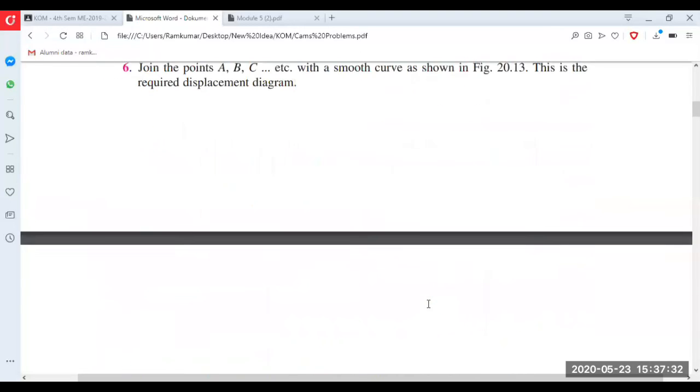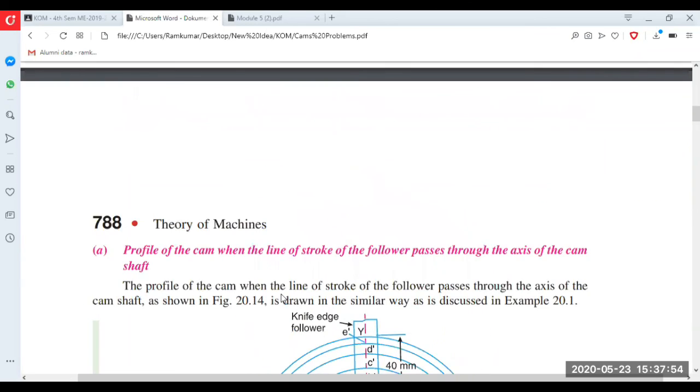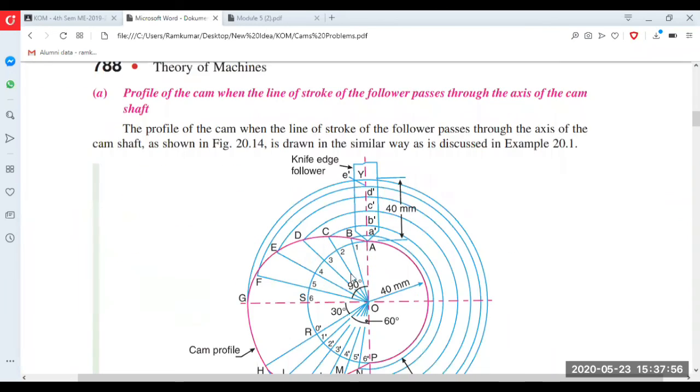Now, after drawing the base circle, for the rise we have to draw for 90 degrees, correct? This is from A to S, it will be the rise. For that you make 6 equal divisions, the same divisions as in the displacement diagram, from the center point.